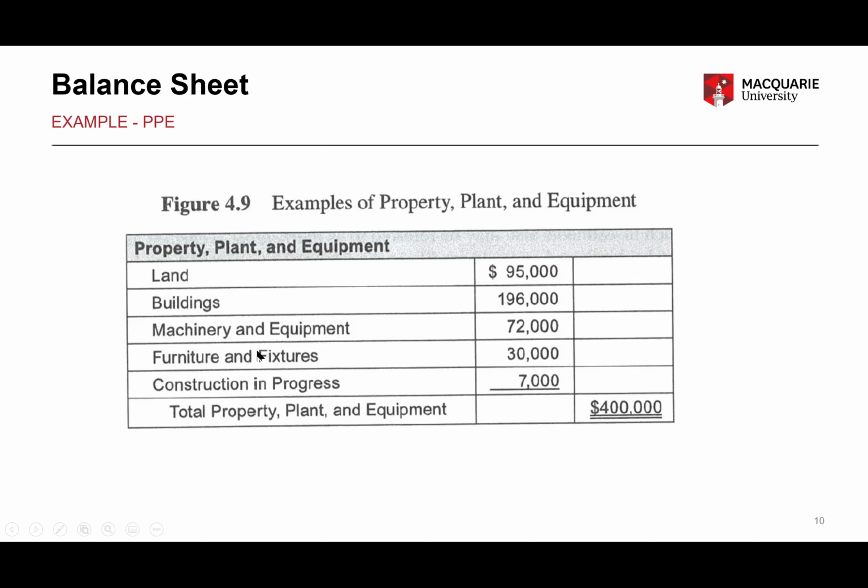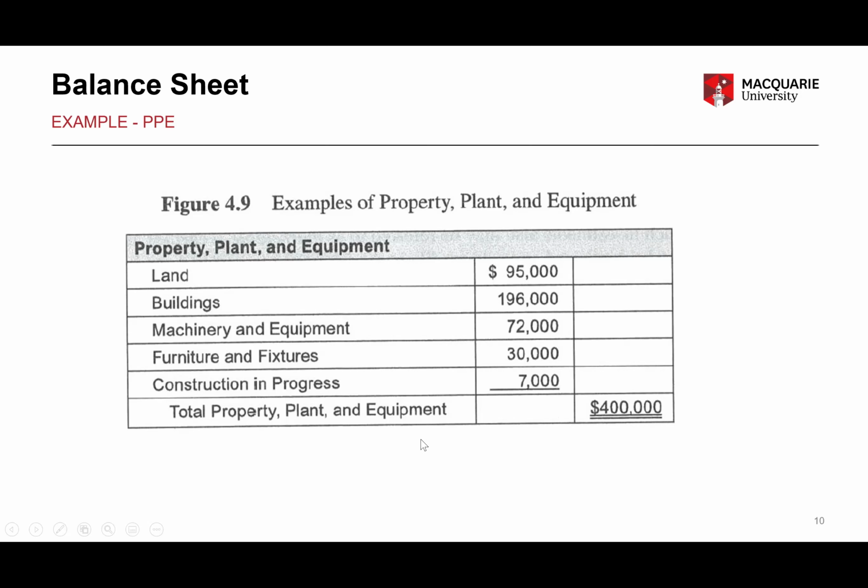That's what we mean by fixtures, or the cash register counters and so on. There could be construction in progress, right? So maybe there's something that is only partly finished, maybe a building or an office. And we'd add all of that together, and that would give us the property, plant and equipment there.